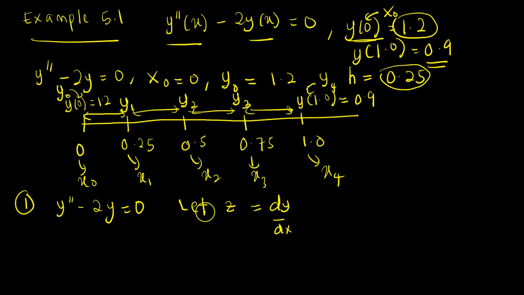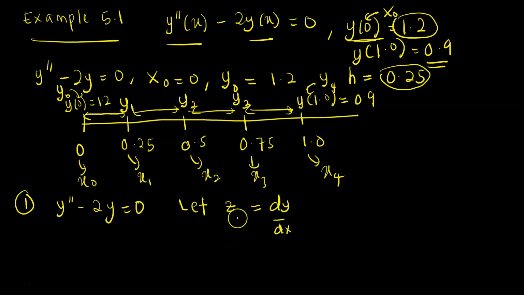Always, the first step is to assume z equal dy/dx. If y is your dependent variable and x is your independent variable, you always need to let z equal dy/dx.